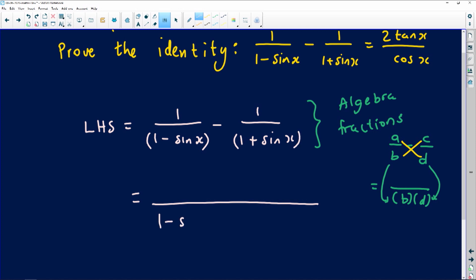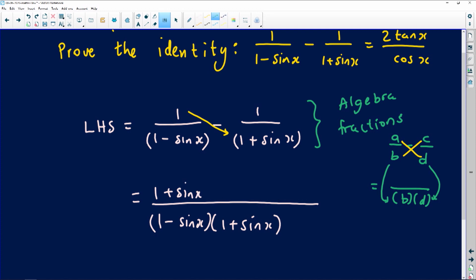So I've got 1 minus the sine of x in the first bracket, and 1 plus the sine of x in the second bracket. Those are the remaining denominators. And then you start with cross multiplication. Start from the top: this one multiplied by the bracket. 1 multiplied by anything will remain the same, so 1 times that bracket will just be 1 plus the sine of x.